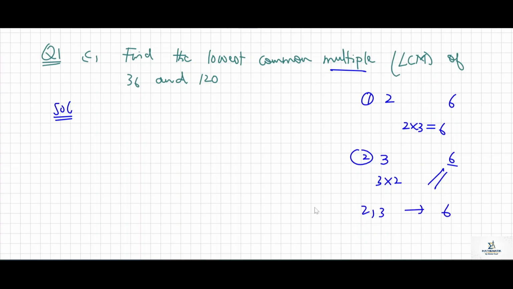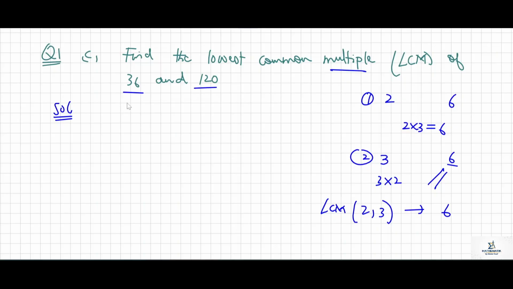Simple. So now we want a common multiple, no? But it should be the lowest common multiple, or you can also say the least common multiple. So 6 is the lowest common multiple of 2 and 3. Now the question is, we have to find the lowest common multiple of 36 and 120.